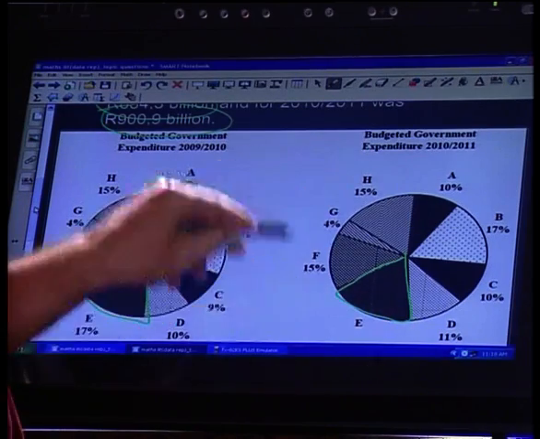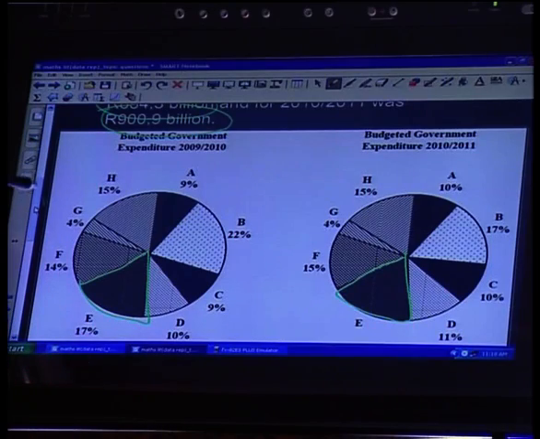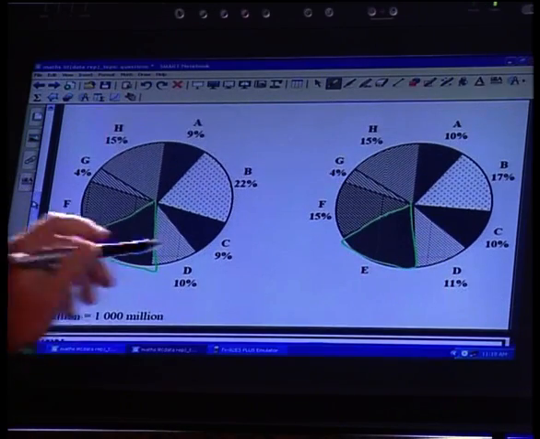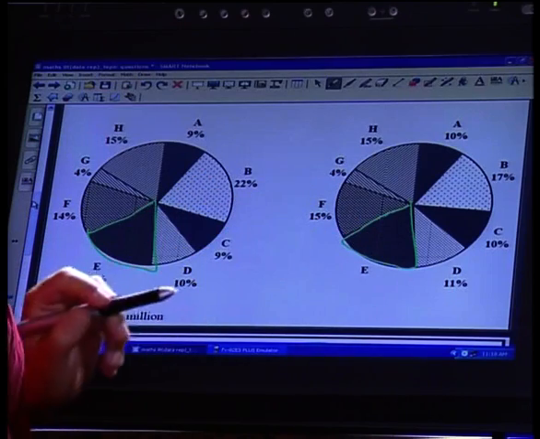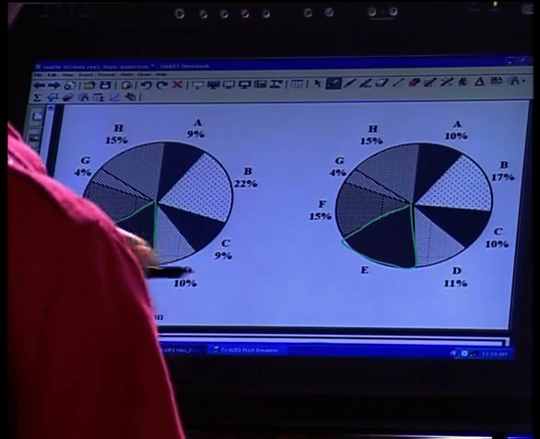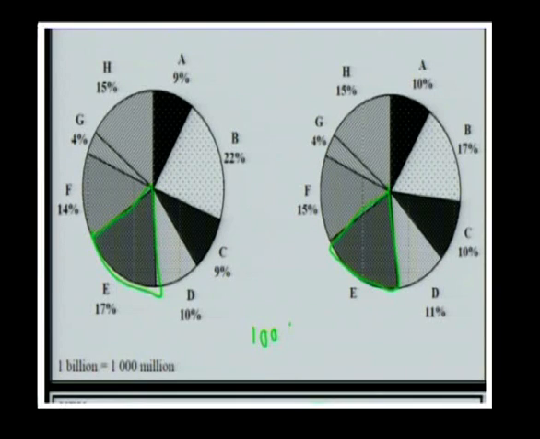Well, let's start by finding this percentage. We have several percentages given. We only have one that is unknown. So what we're going to do is simply go 100% for this pie chart, subtract all of these added up together. Let's add them up quickly. Let's start with A so that we don't leave any out.